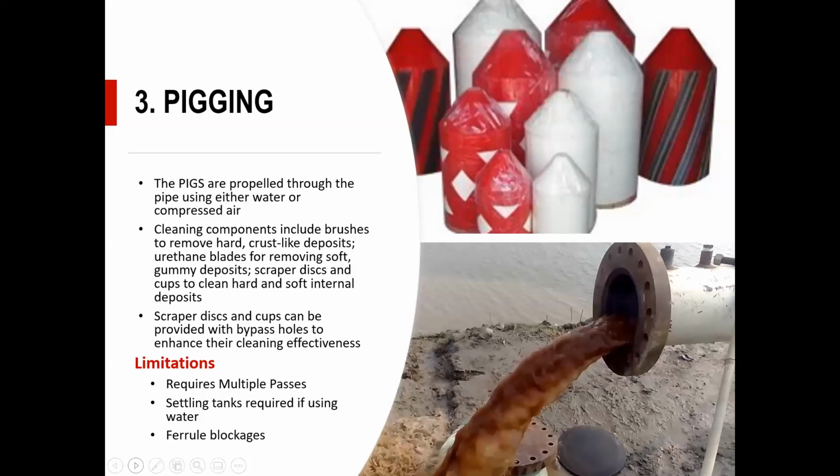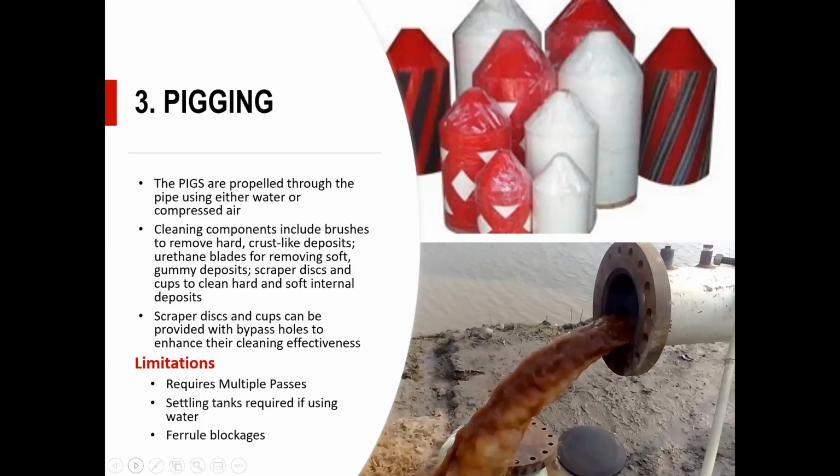Limitations are that if you've got heavy tuberculation in the pipe, you'll have to do multiple runs, starting off with a small diameter pig, and then send that through the pipe. The next pig to go through will be a slightly bigger diameter, and a bigger one again, until you've removed all of the scale or cleaned the pipe fully.